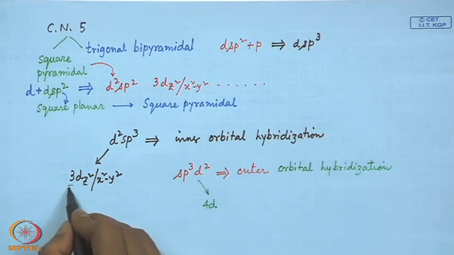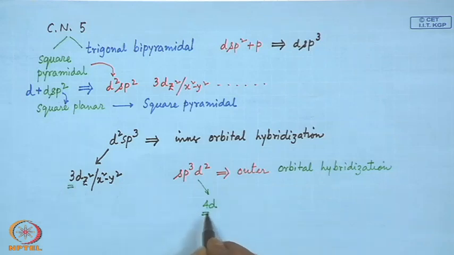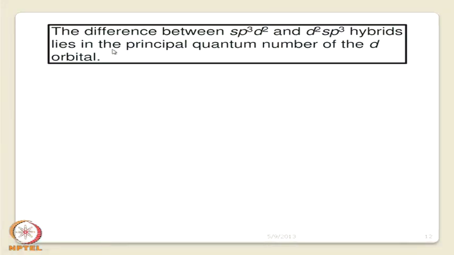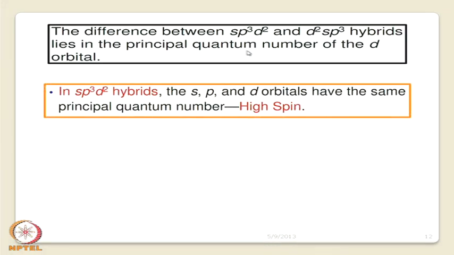So we are talking about a change in the principal quantum number. In one case it is the 3d level, in another case it is the 4d level, a change from 3 to 4.